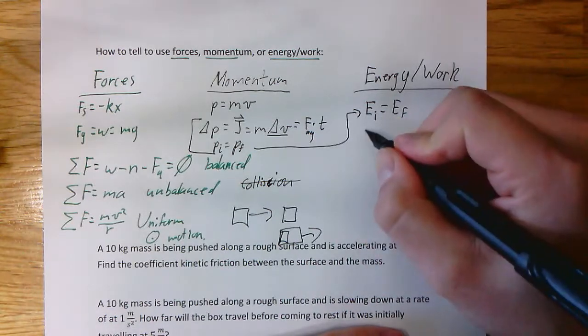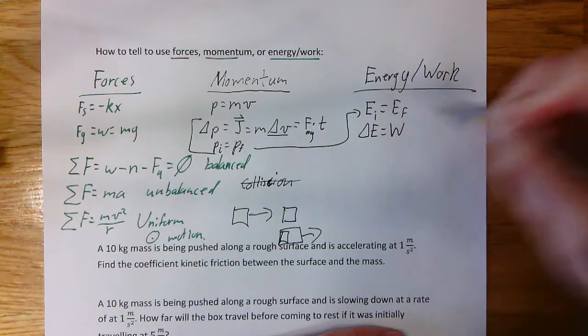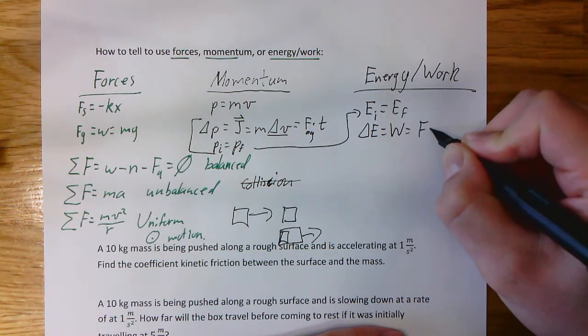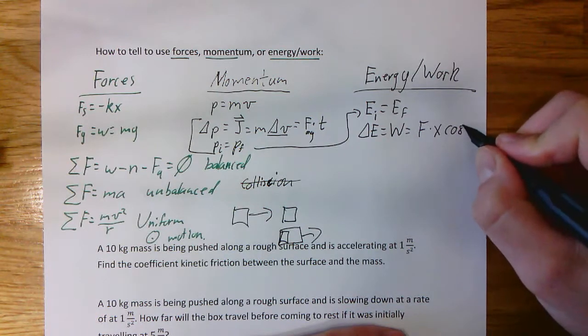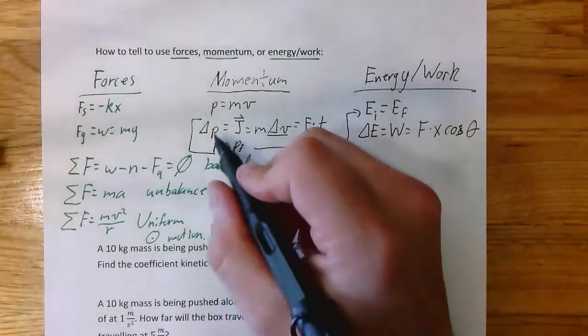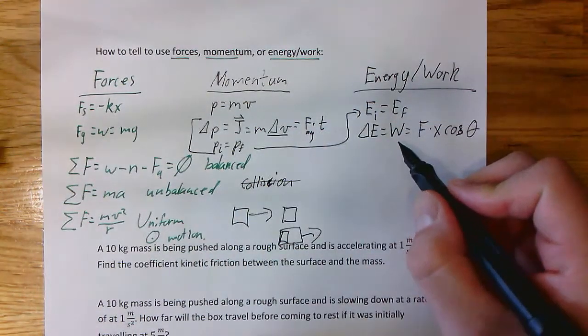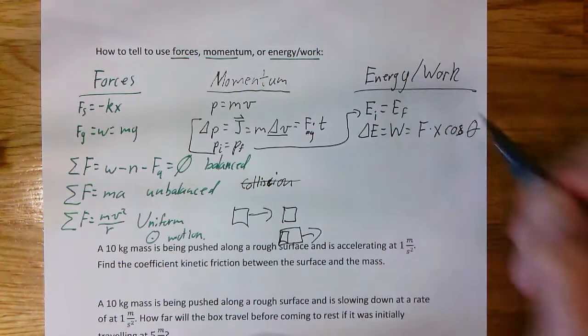Okay, or if energy changes, then there was work, and that's force times distance, that's an S, cosine theta. Well, look, change in momentum, change in energy. Conserve momentum, conserve energy. These are very similar.